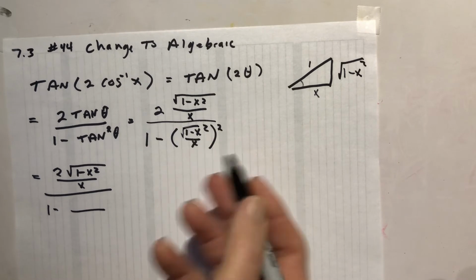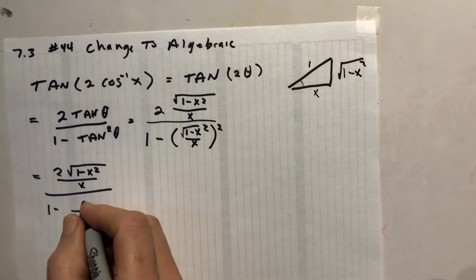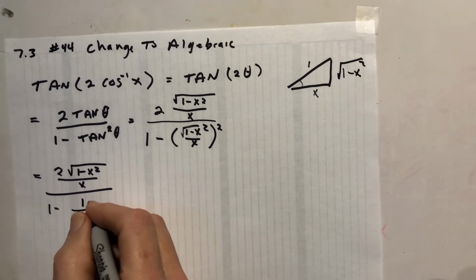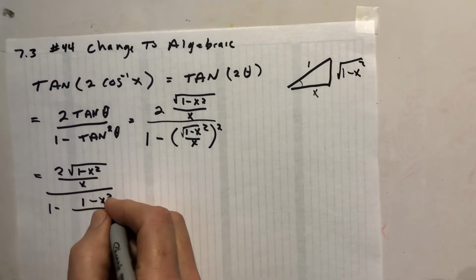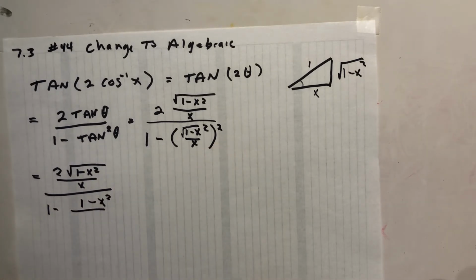When you square the radical drops off, and you get 1 minus x squared. And when you square x, you get x squared.